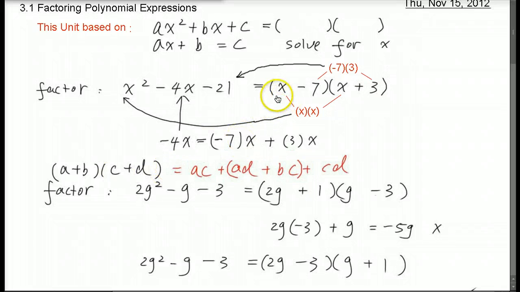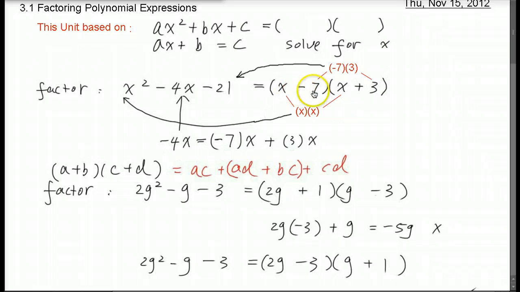So if you separate into two brackets, the first terms multiplied together have to equal x squared, so they can only be x and x. Similarly, the two numbers, negative 7 and 3, multiplied together have to be negative 21.